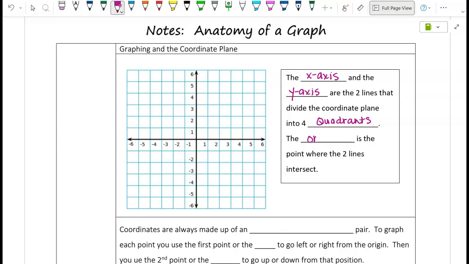The origin is the point where the two lines intersect.